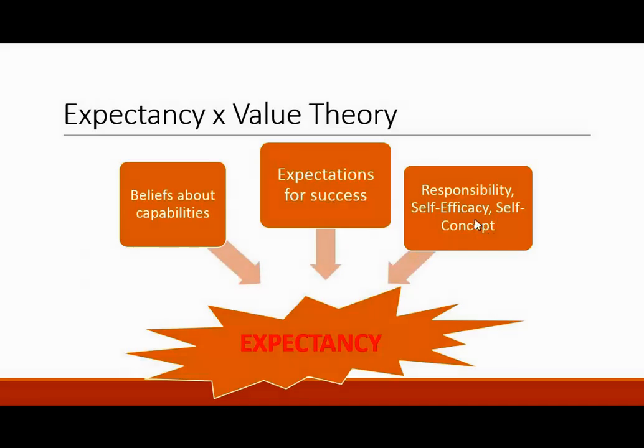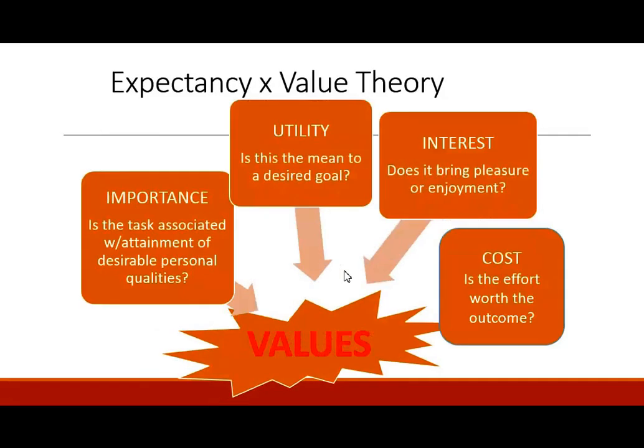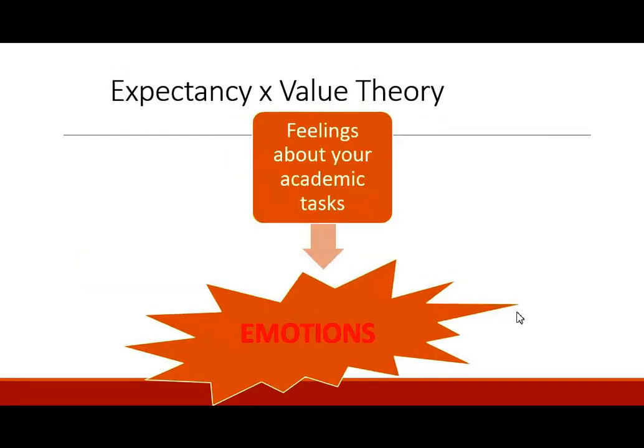These all play a role in expectancy. So, then values: the importance, whether it's going to be useful, whether we're interested in it, whether the effort is worth the outcome. And then overall, our feelings about our academic tasks, our emotions play a role.